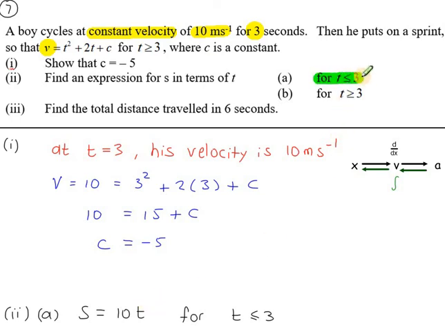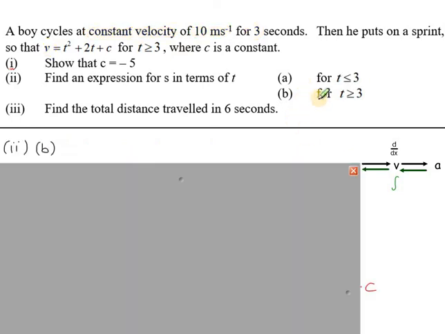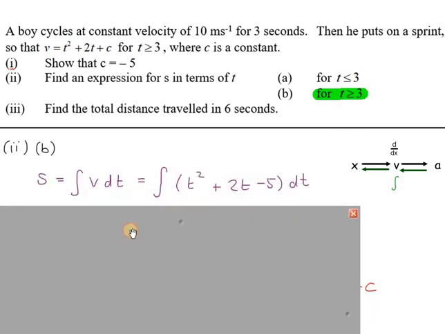This is for the initial part of the journey where we have constant velocity. For part B it will be different. For part B we have variable acceleration, so we are here to work out our formula.